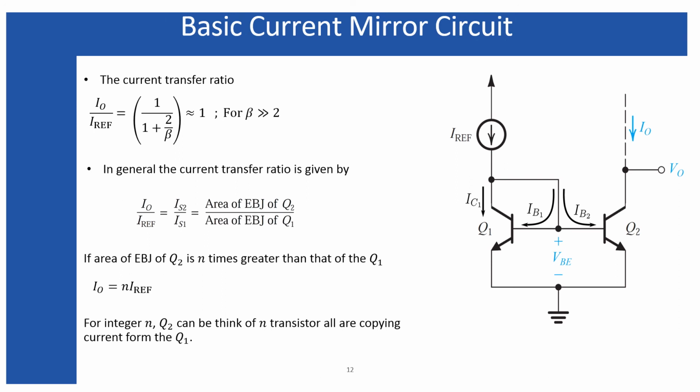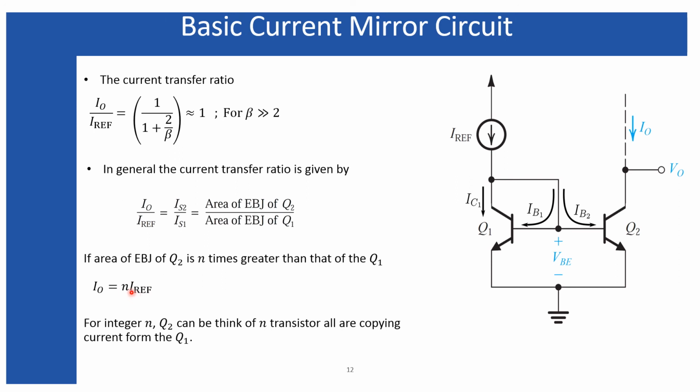If you design the area of the emitter base junction of transistor Q2 much wider than that of transistor Q1, wider by n times, then this current transfer ratio, I0 to I reference, can be equated with this n.